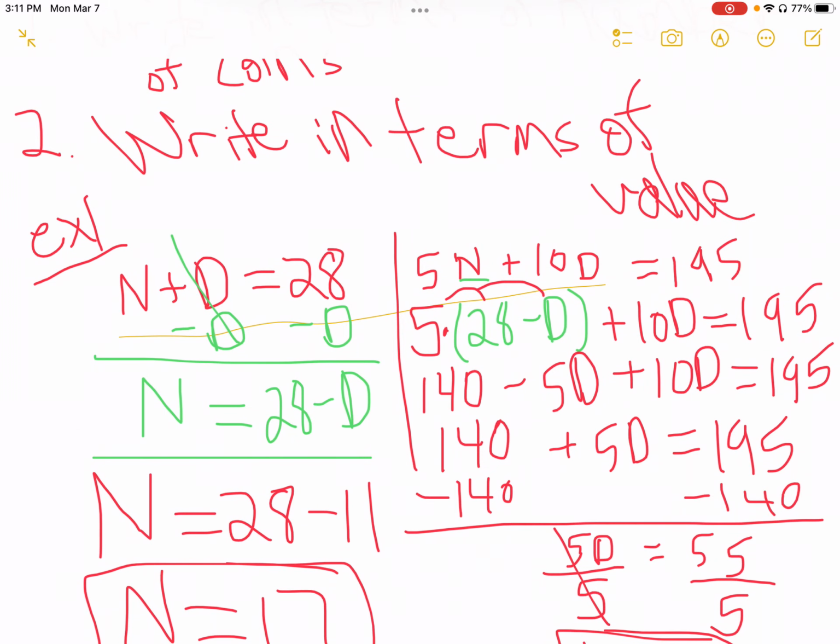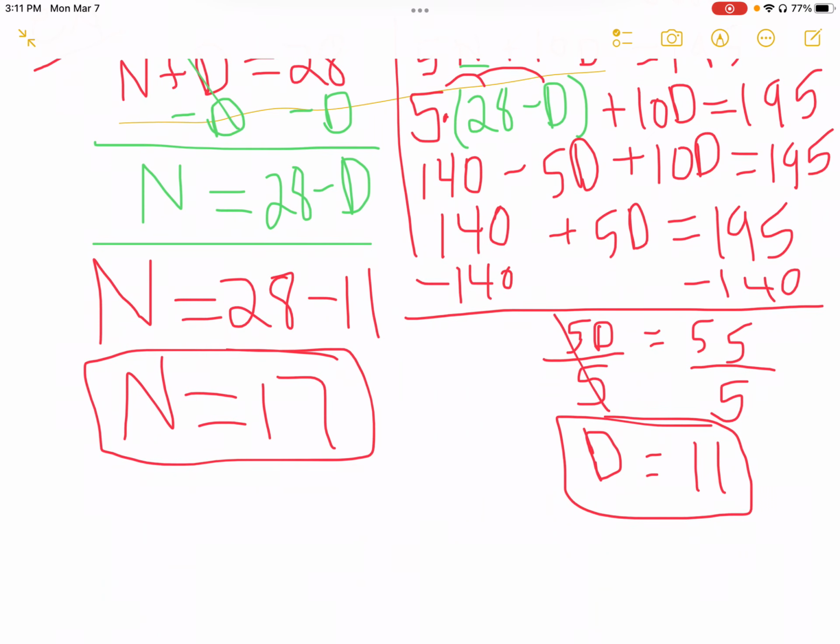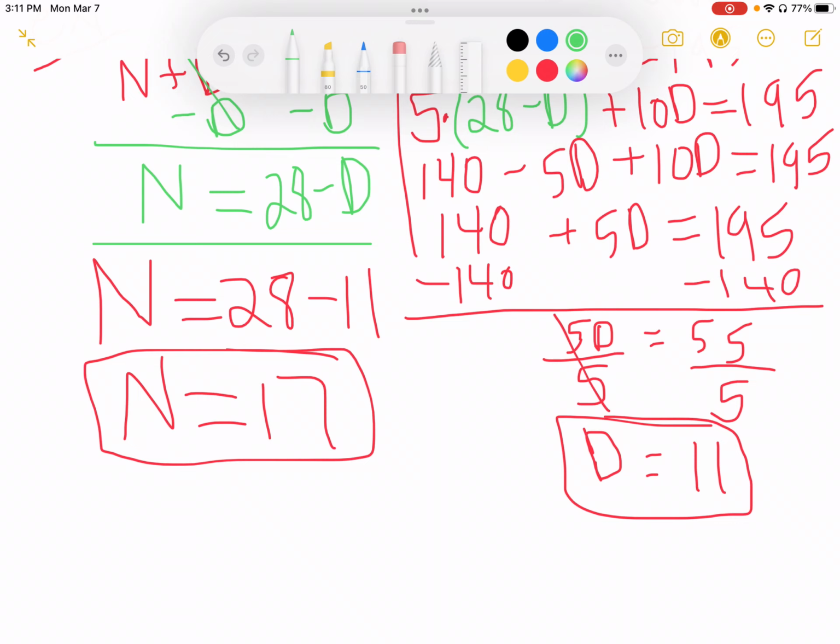So we had n is equal to 28 minus d because we subtracted d from that side. And then we substituted that over on the other side. Solve for d, right? So d was 11. So then we back substituted. Right, so you might call this back substitution. We substitute it back up into here to figure out the number of nickels.